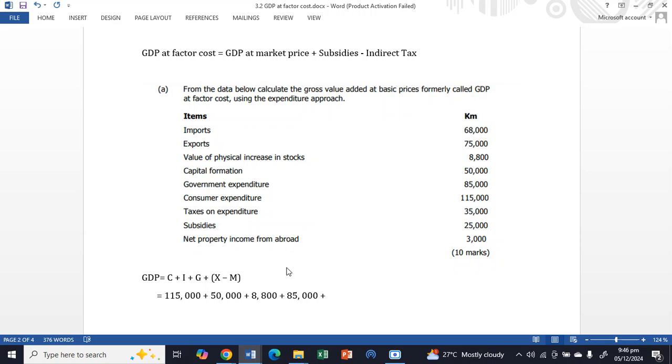So we're going to say, open brackets, our exports 75,000 minus imports 68,000.